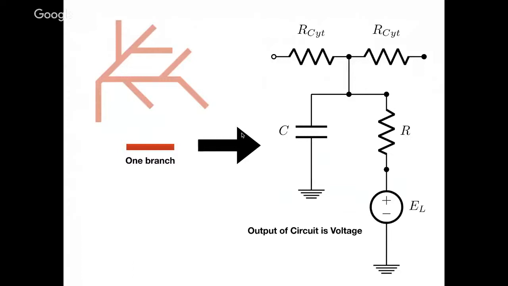Finally, we have the value R, our cytoplasmic resistance, R_cyt. This tells you how much the membrane potential changes. If you input a current into the neuron, how quickly does the voltage change? With large resistance, it's a much slower change in voltage, while smaller R values have more rapid changes in voltage.